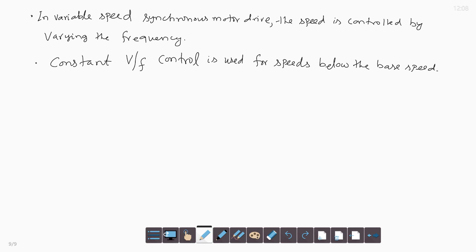So, constant V by F control means it leads to constant flux. Constant flux means again constant maximum torque or constant pull out torque. So, that is suitable for constant torque drives. Even if constant V by F control is done, at low speeds the V by F ratio is increased to compensate for the stator resistance drop.